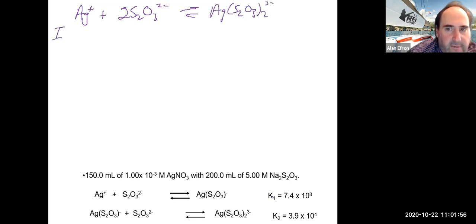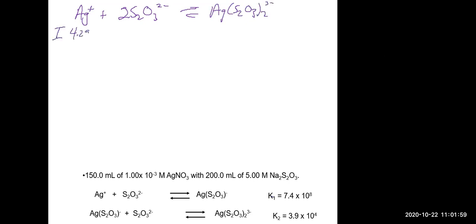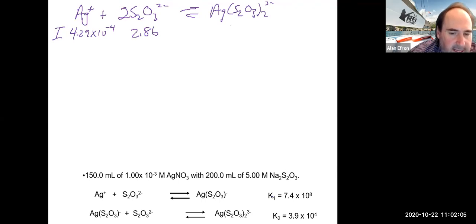So initially we have 4.29 times 10 to the minus 4 and 2.86 on this guy and 0. Remember that we're going to assume here that all of the metal is going to be tied up in our complex ion. So that's usually the case.